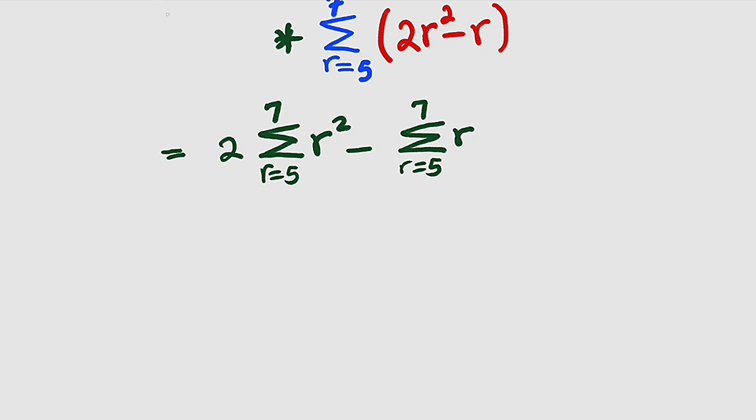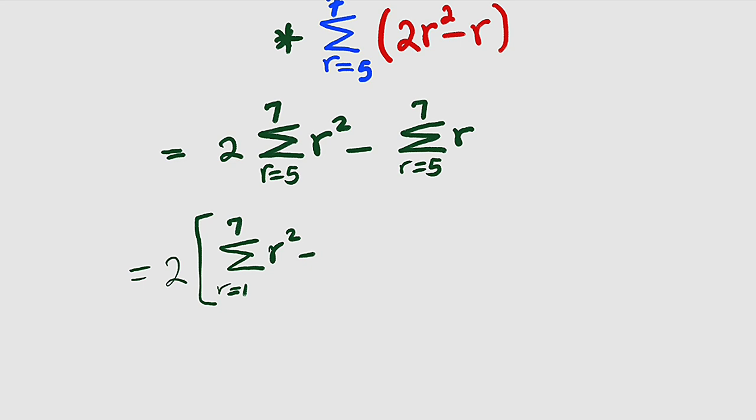This 2 is constant. Let's just leave it outside. So we can now take, let me put a bracket here. We can now take the entire summation for which r begins with 1. Though we know it begins with 5, this is just logical.